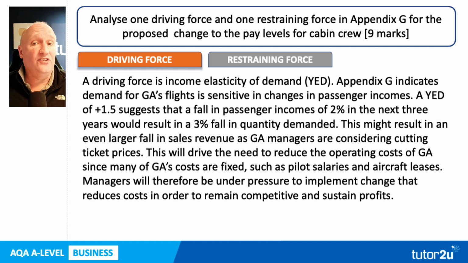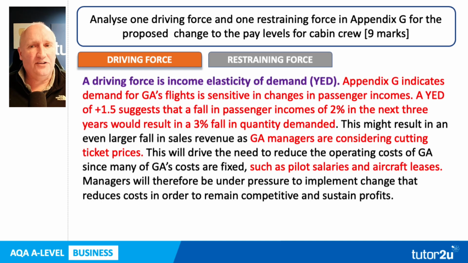Well, since many of GA's costs are fixed, such as pilot salaries and aircraft leases, managers will therefore be under pressure to implement change, you could say drive change, that reduces costs in order to remain competitive and sustain profits. So there we go. That's a driving force, isn't it? The fact that incomes are expected to fall, therefore demand is expected to fall, and that revenues may fall even further if they cut their prices.